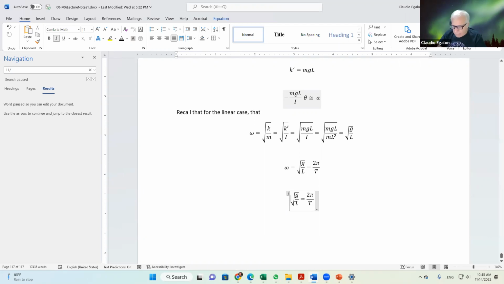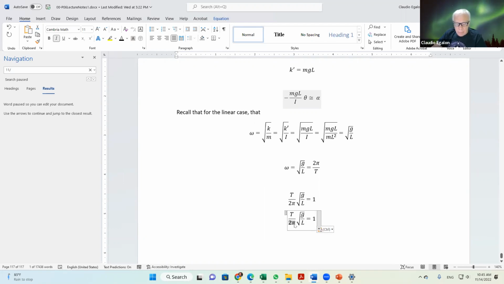Okay, T goes here, 2 pi goes here. Okay, that's going to be 1. And then we can solve for 2 pi.